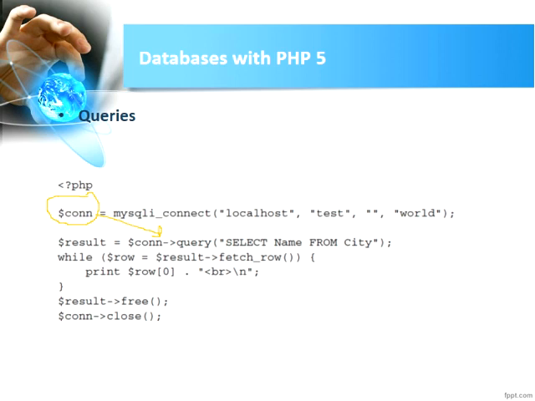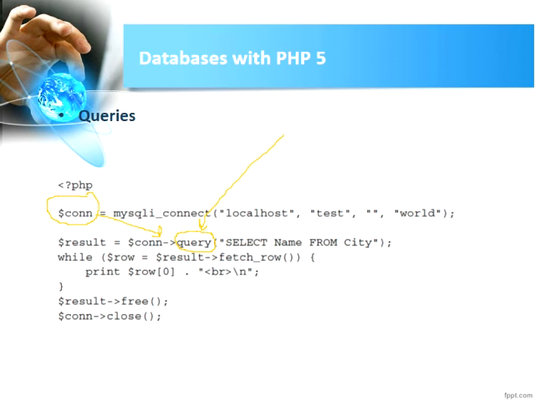So if we want to send a query to our database server, we use this variable con, after that minus greater than, after that the keyword query. So this is a method. Query is a predefined keyword.